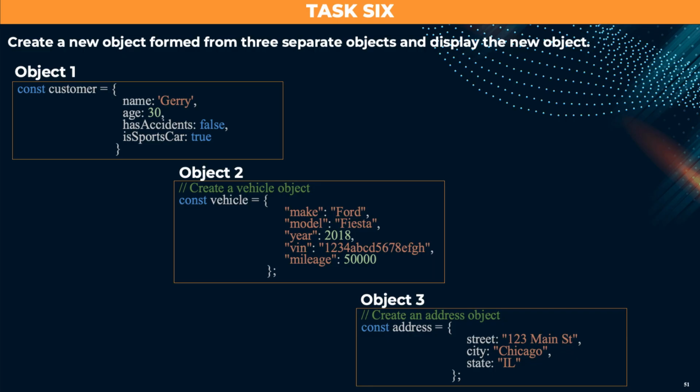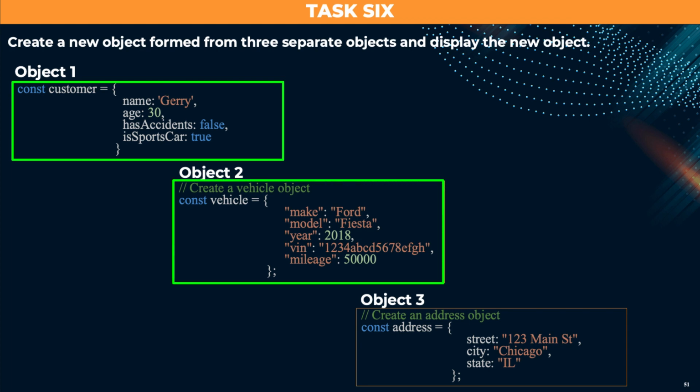Now, in this example, we're going to create 3 separate objects. So this is a JSON object, this is a JSON object, and this is a JSON object. One is the customer, one is the vehicle, and one is the address. But what I would like to do then is put the three of those together into one object.